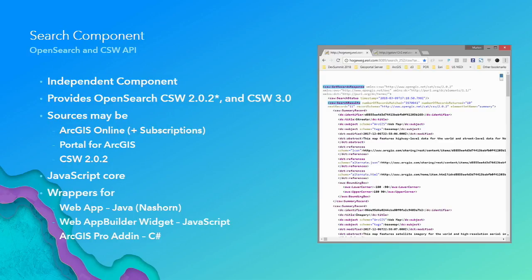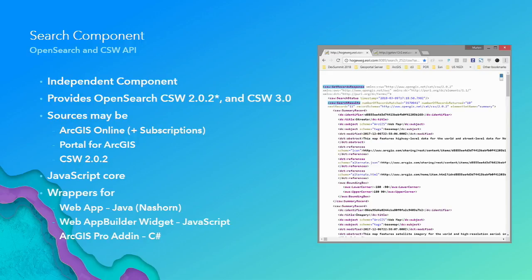And the interesting thing is we wrote this in JavaScript, and then we're essentially repurposing that same code in this web application that I'll show, but also in a Web AppBuilder widget that I'll show a little bit later, and in ArcGIS Pro.